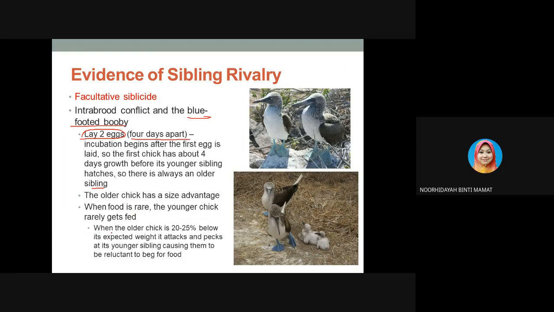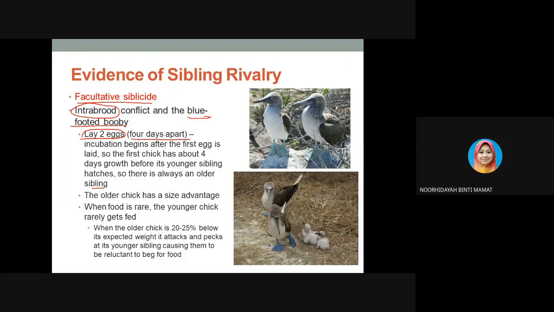When the older chick is about 20 to 35% below its expected weight, it attacks and pecks at its younger sibling, making it reluctant to beg for food. So this is the evidence of sibling rivalry in the form of facultative siblicide in the intra-brood conflict.